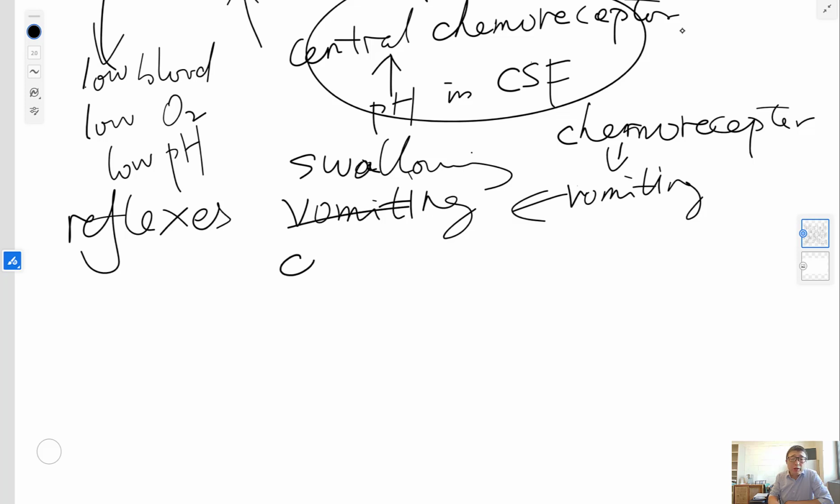And even more, there is coughing. Coughing is a very important protection mechanism, that whenever particles get into the lung, in the respiratory tract, the body triggers coughing to get the particles out of the respiratory tract, to prevent the respiratory tract from being blocked.